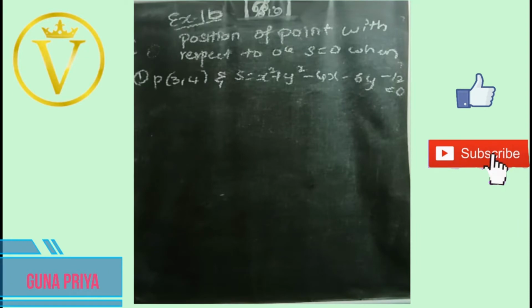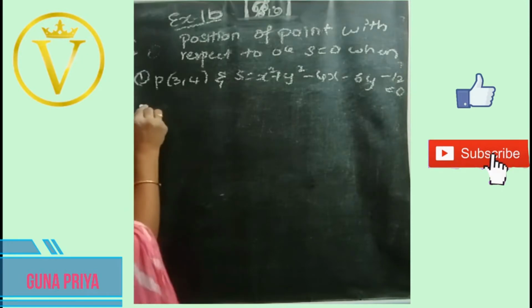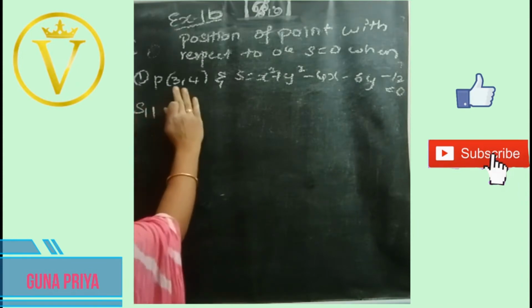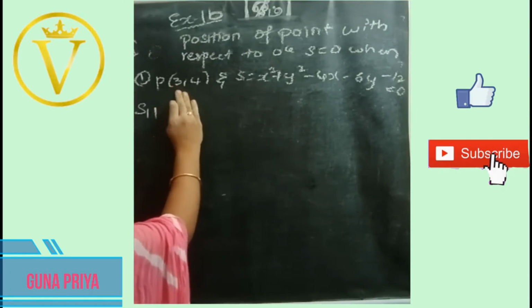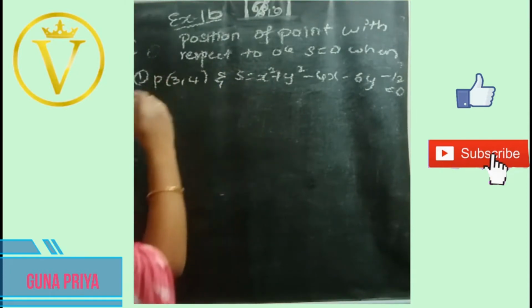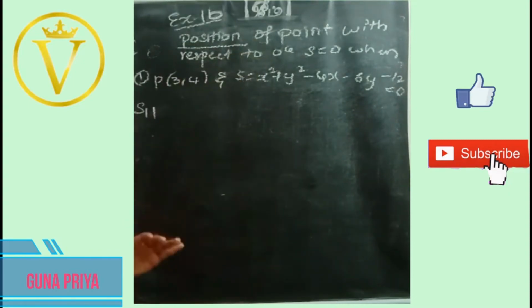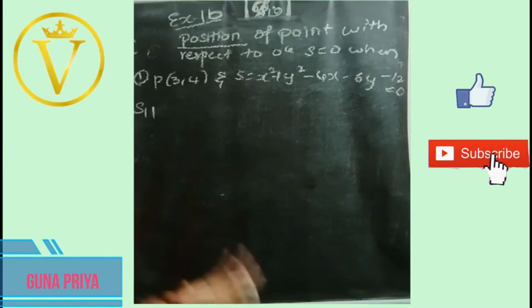So we know the formula for the position of a point, that is S11. Position means they have given one point and one circle equation. So we have to substitute this point in the circle equation and find the position. Position means whether it is exterior or interior.